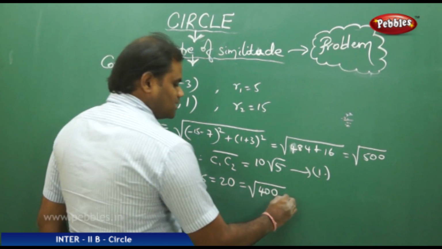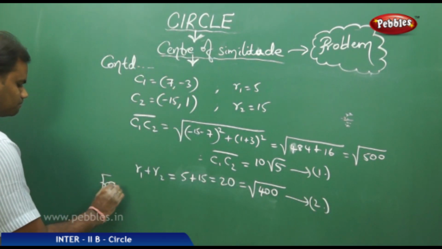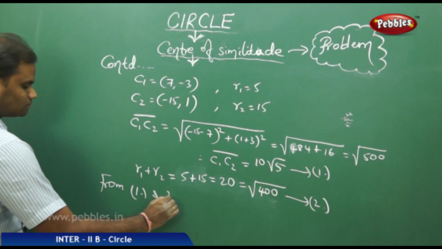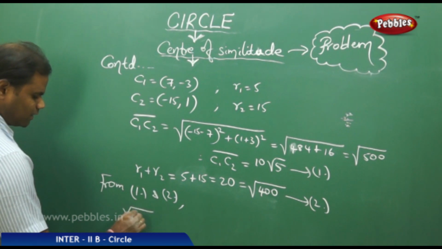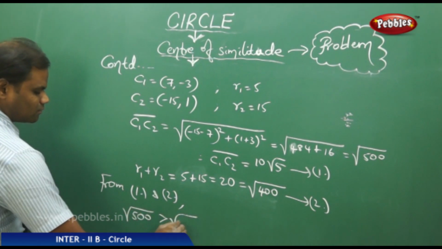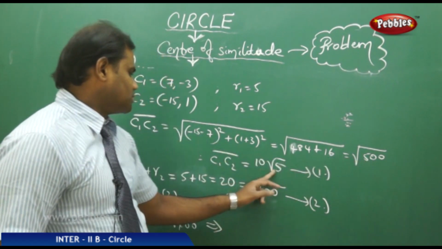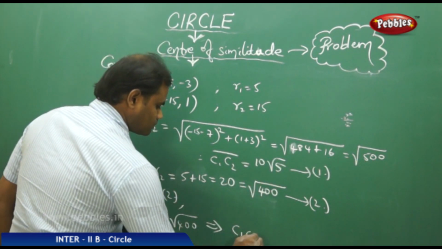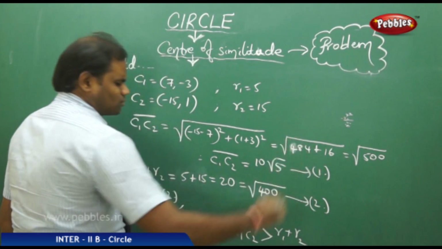So clearly from 1 and 2, I see that root 500 is greater than root 400. That implies root 500, which is C1C2, is greater than R1 plus R2.